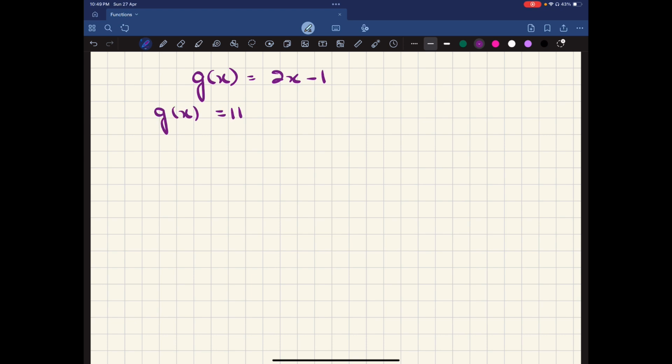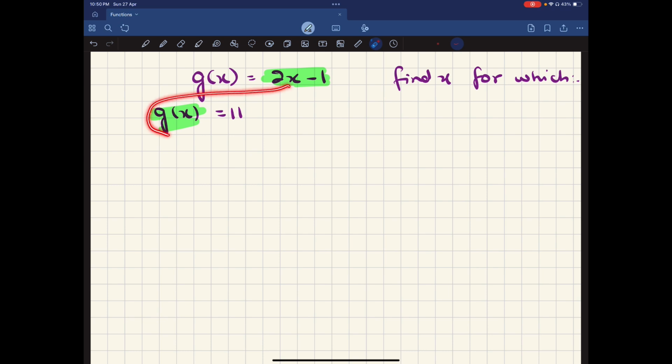So we need to find x for which g of x is equals to 11. Now, what is g of x? This is g of x, right? And g of x is equals to 11. So we're just going to substitute this expression here. So what are we going to get? 2x minus 1 is equals to 11.